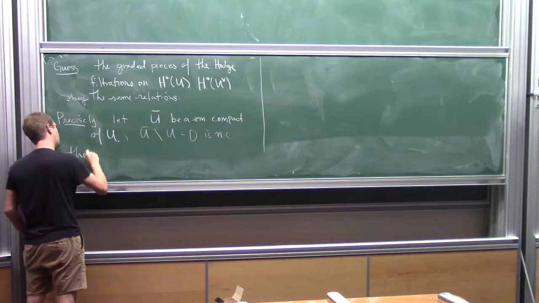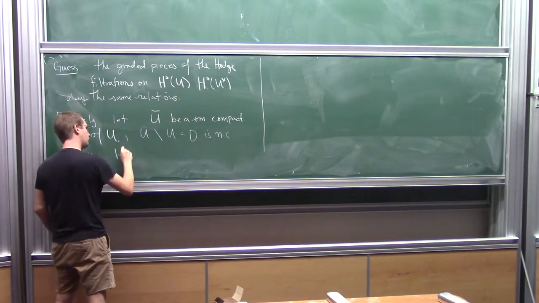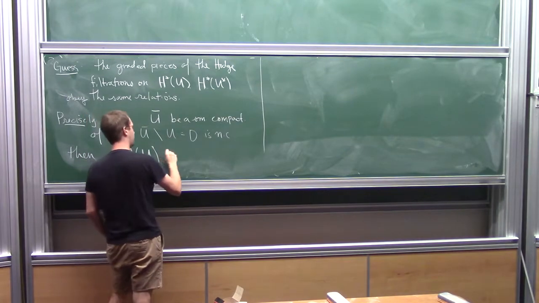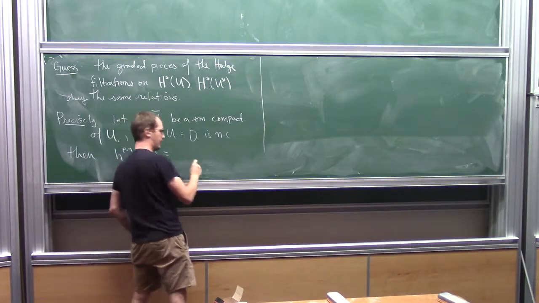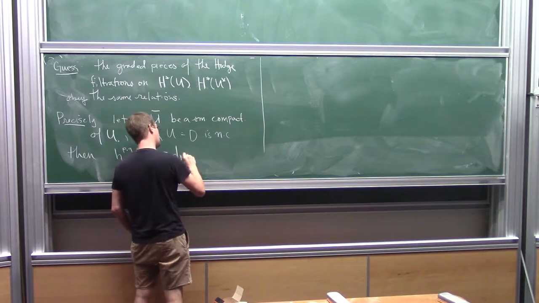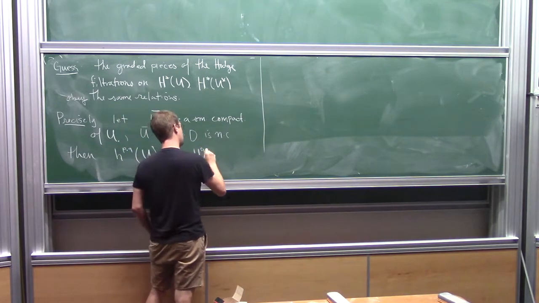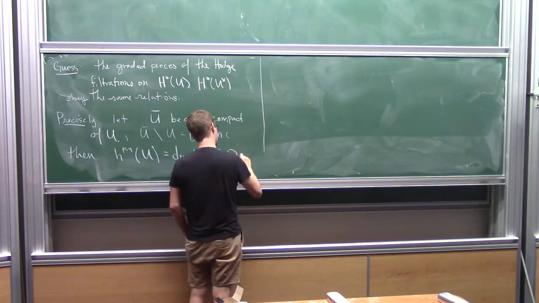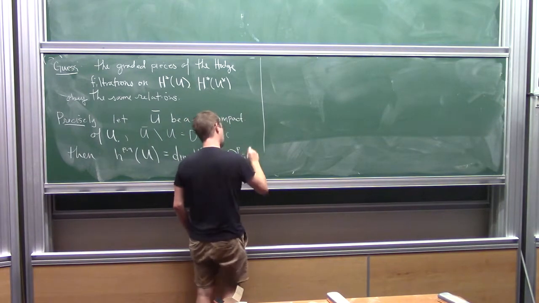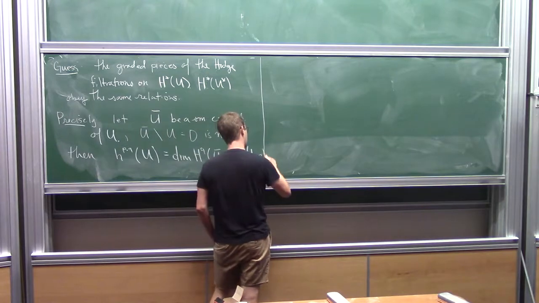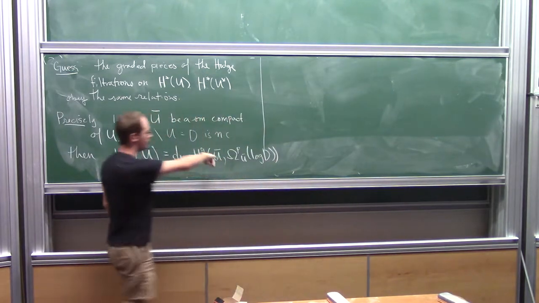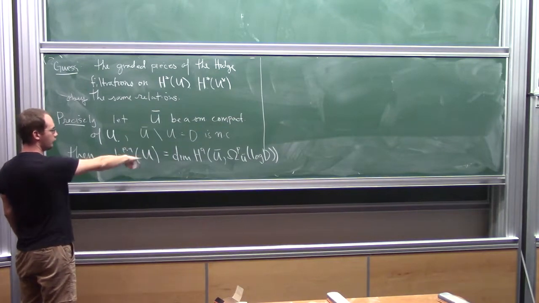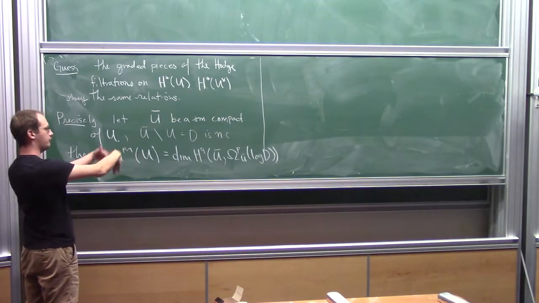Then we let h^{p,q} of U be the dimension of H^q of U bar with coefficients in Omega^p of U bar log D. This is the pth graded piece, the h^{p,q} part of the mixed Hodge filtration on cohomology of U.